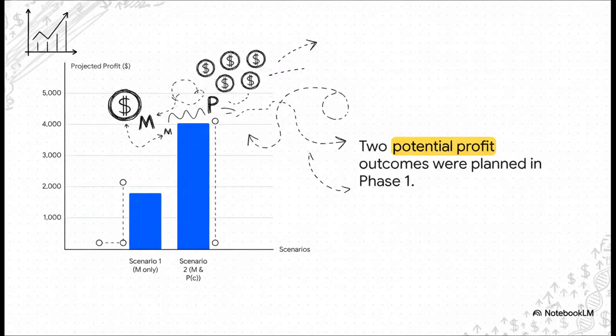This chart basically shows the two possible profit outcomes that were planned for back in Phase 1. In the first scenario, if only that primary M entry gets triggered, the projected profit was just over $1,800. But in the second scenario, if the price were to drop and trigger both entries, the projected profit would be over $4,000. These were the two potential outcomes laid out from the very start.